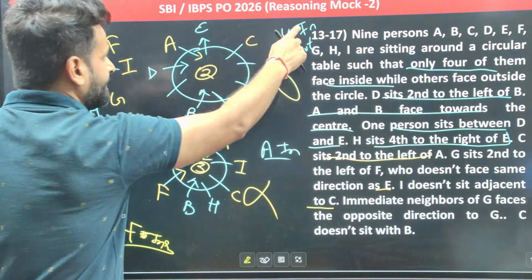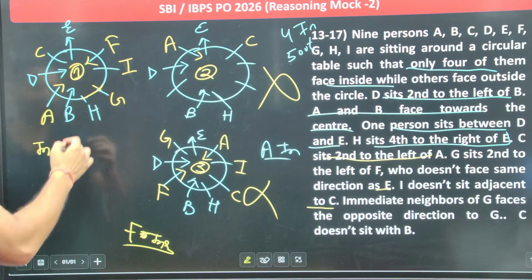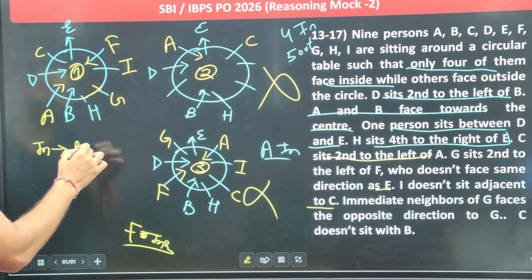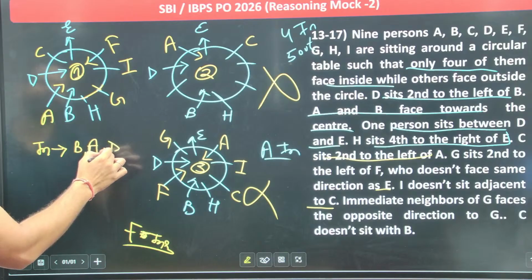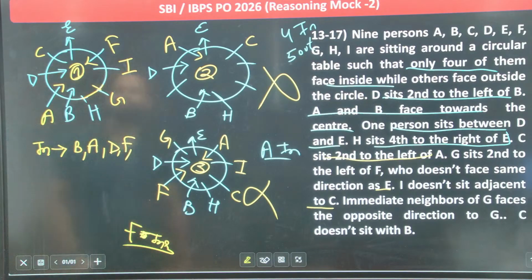Inside were 4. So can I write how many I have already calculated? B is facing inside. A is facing inside. D is facing inside. F is facing inside. B, A, D, F. 4 of them are inside.